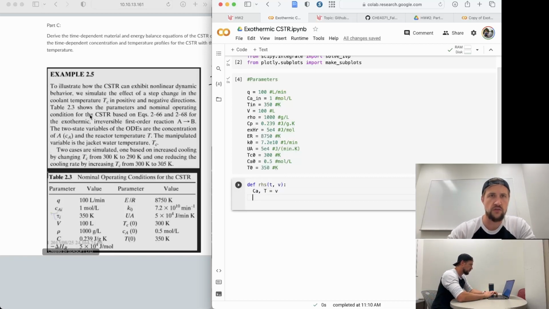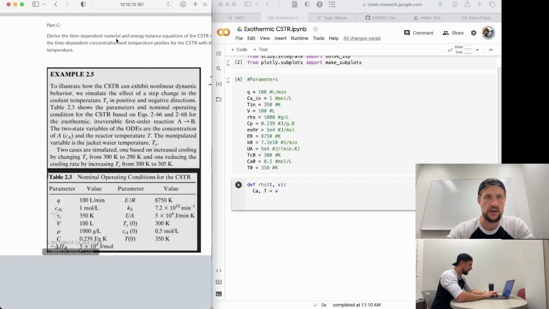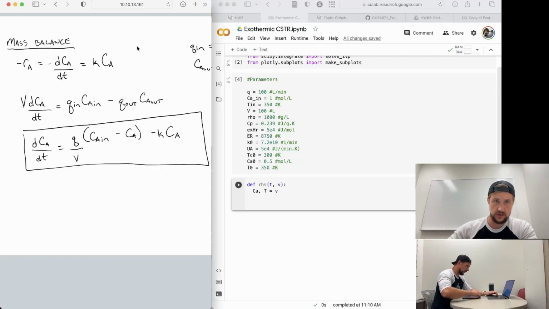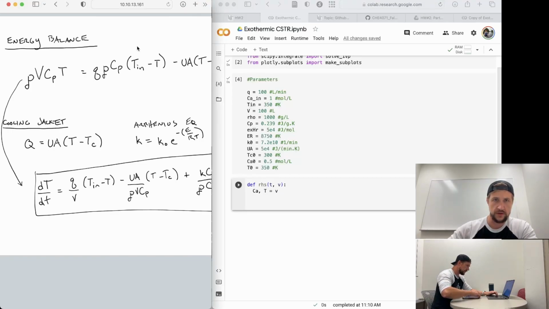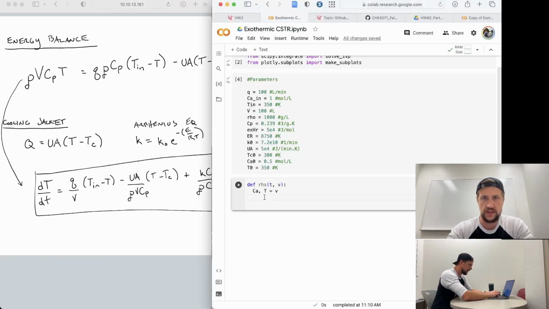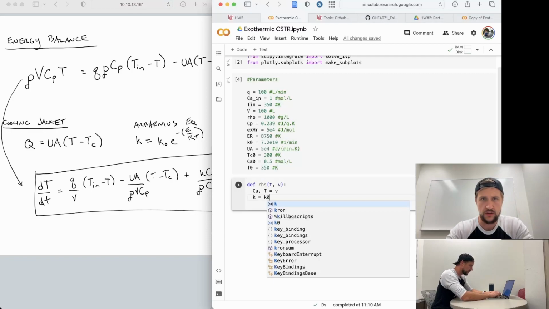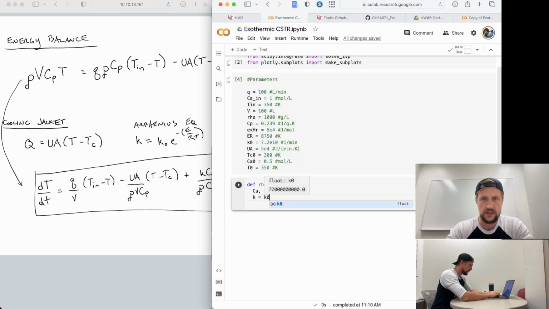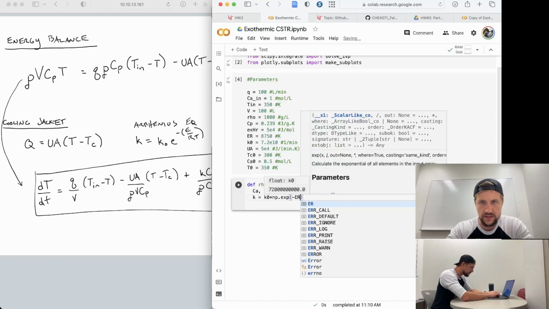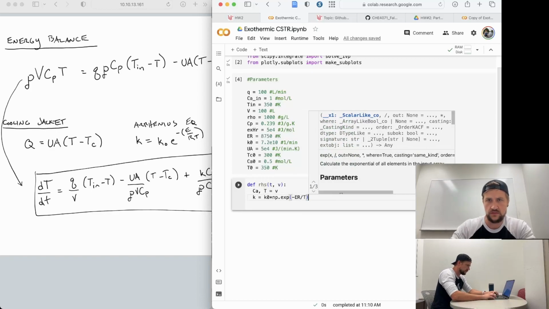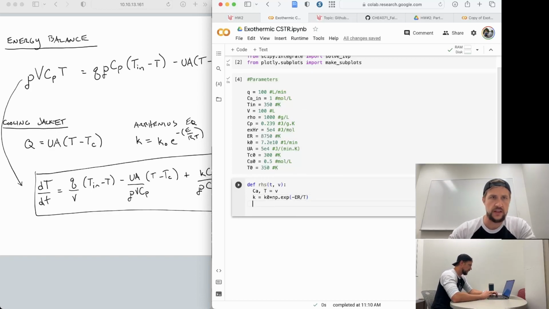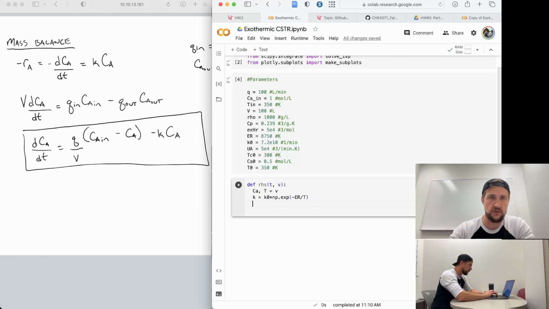So now let's look at our equations. Let's bring in our Arrhenius equation because we're going to need that. K equals K naught multiplied by the exponential of negative activation energy divided by T. There we go. Okay, now we have our mass balance equation.